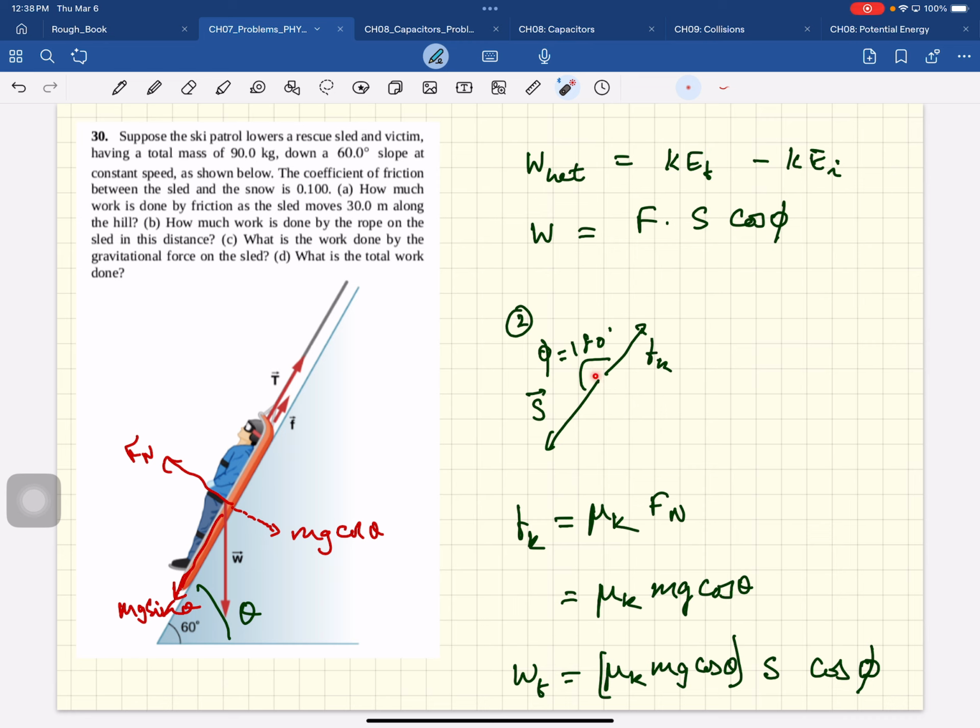Phi is 180 degrees, so cosine phi is -1.